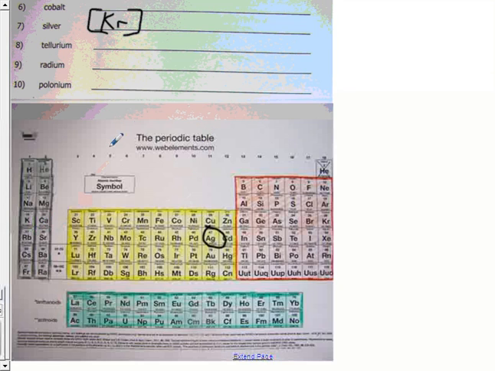So that is 5s2, and 4d, 1, 2, 3, 4, 5, 6, 7, 8, 9. So that is silver.